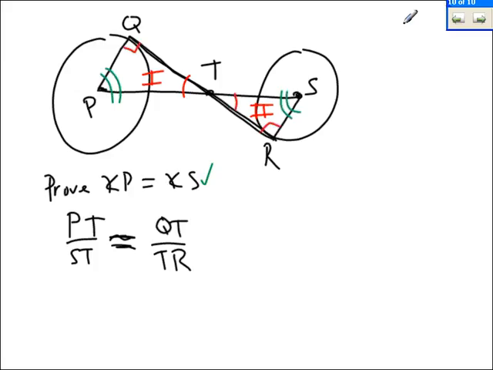Now, I don't know if I want to say these two triangles are congruent yet. They are similar. The right one is clearly smaller than the left one. So when two triangles are similar, all we have is angle, angle, angle.